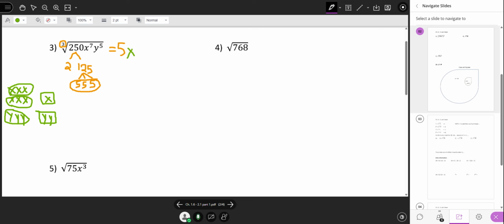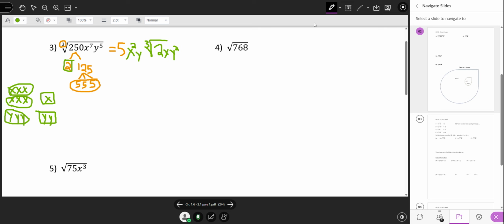So we've got 2 teams of x's, 1 team of y, and then our jail is a cube root, and then we've got an x and a y. Oops, I forgot a scoundrel. So let me erase. There we go. A 2 and an x and a y squared.